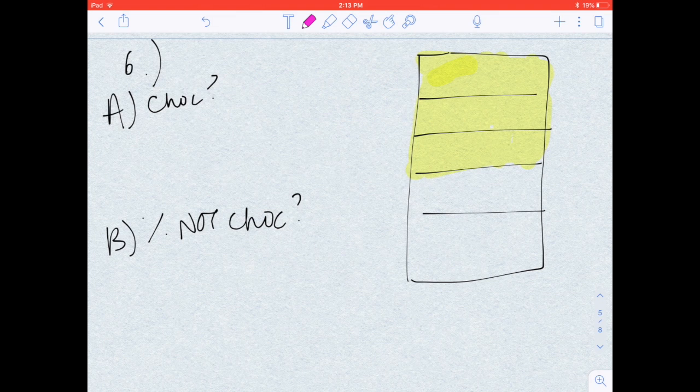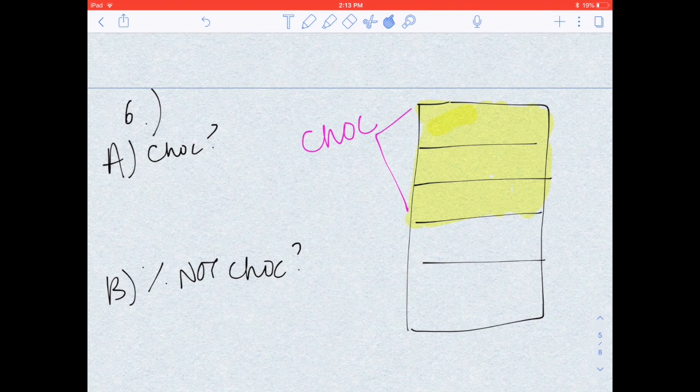So I already drew my diagram box here, and it says 3/5 of the cookies were chocolate chips. So this is our chocolate. And the total number of cookies is 60, because it says 3/5 of the 60 are chocolate.